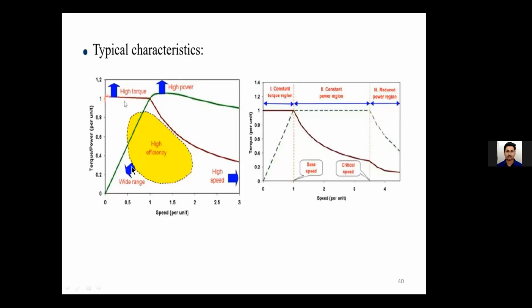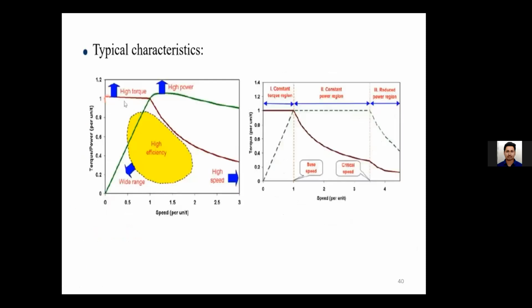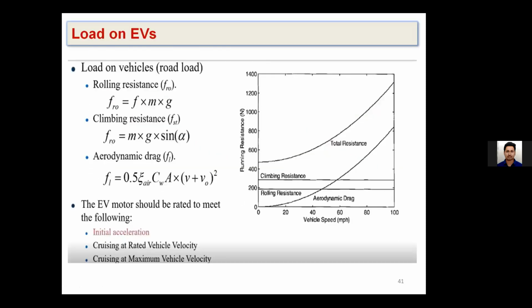If you operate the motor in this particular speed-torque range, high efficiency can be obtained. These are the different regions: constant torque region initially for lower speeds, and after a particular speed we get constant power, and then reduced power. So this is with respect to the motor characteristics.